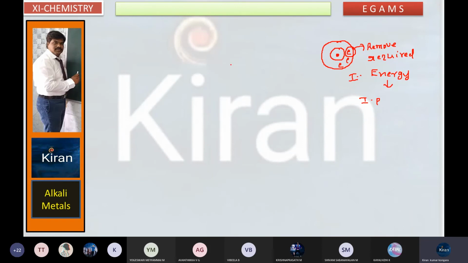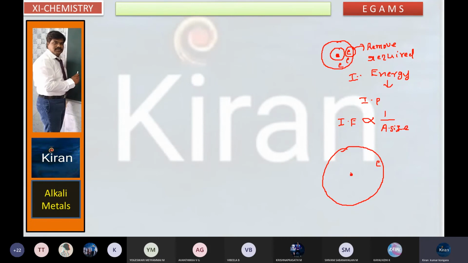So these ionization energies absolutely depend upon the nuclear attraction force. Ionization energy is inversely proportional to atomic size. When atomic size increases, for example when you take a big atom, here the nucleus is there and in the last corner one electron is there.